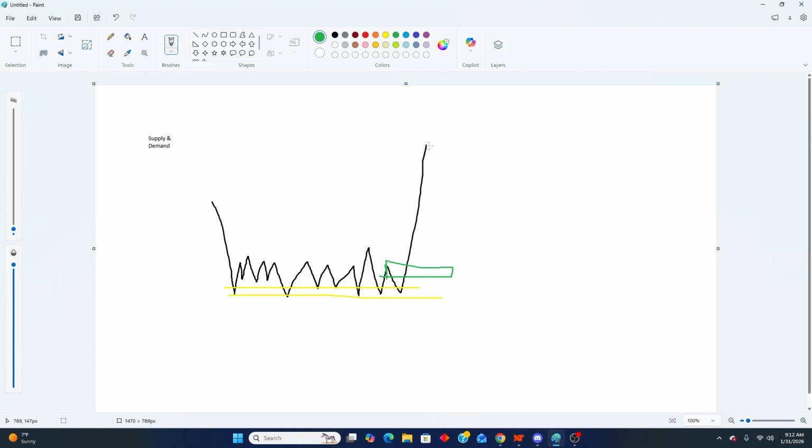You would then expect price to come, dilly-dally, grab your supply, and fly up. That's what you would want. And then you would be waiting for another entry here. That's how you're going to look at your zones. Same for sells.